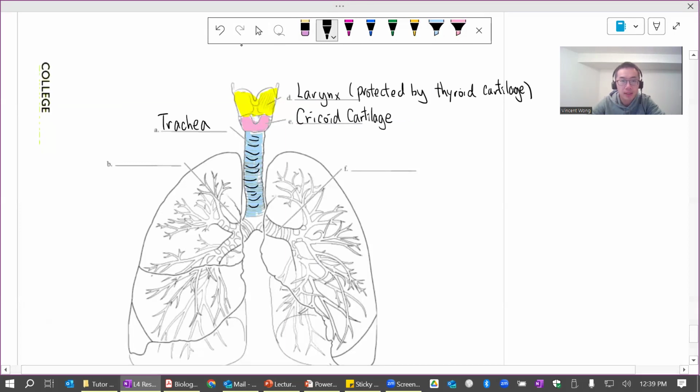These are the C-shaped cartilage rings, right? Protected by cartilage. And again, it's parallel and in front of the esophagus.